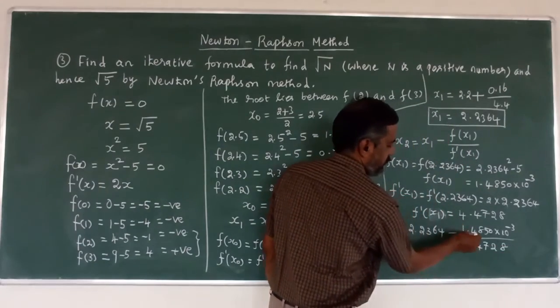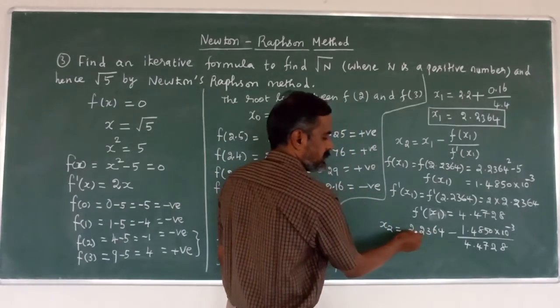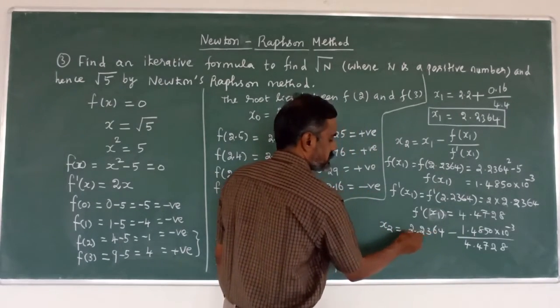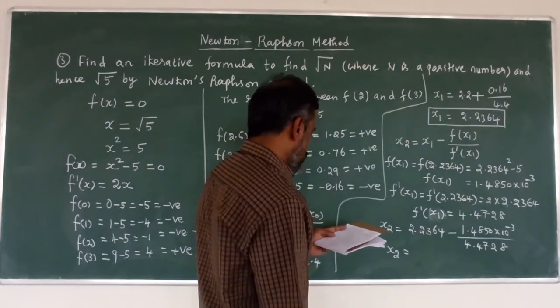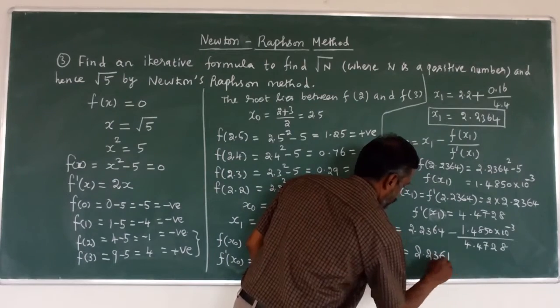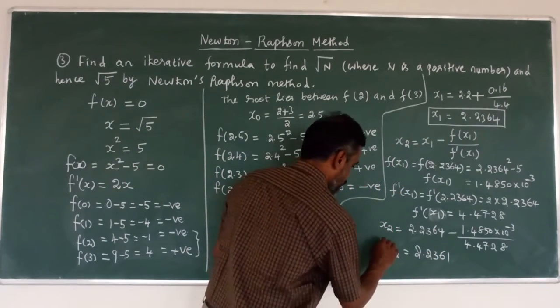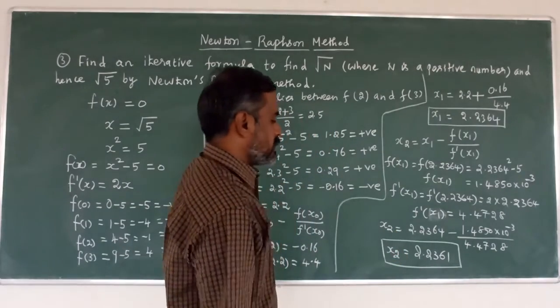Now divide these two, that result subtract from 2.2364. Now we get the result x2 equal to 2.2361. This is the second iteration result.